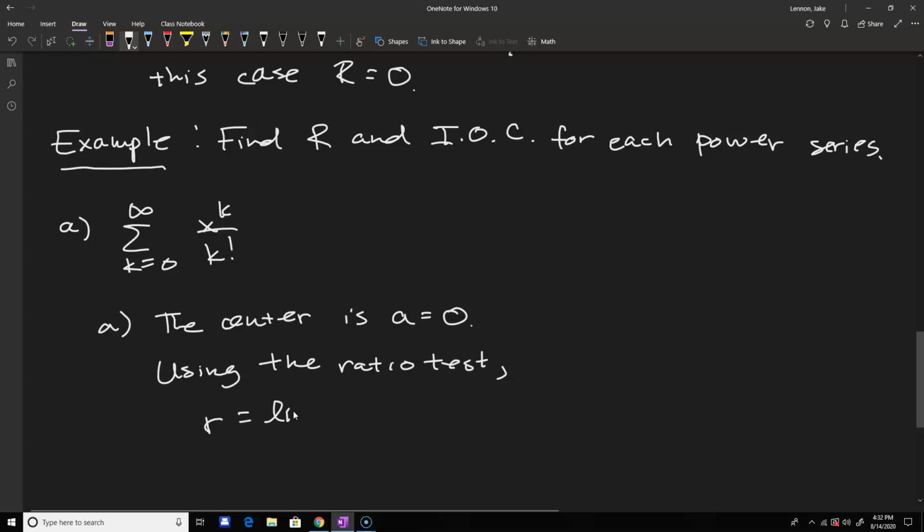This is equal to the limit as k goes to infinity of the absolute value of x to the k plus 1 over k plus 1 factorial, times the reciprocal of that, which is k factorial over x to the k. What do we get? We want to pull the absolute value of x out.